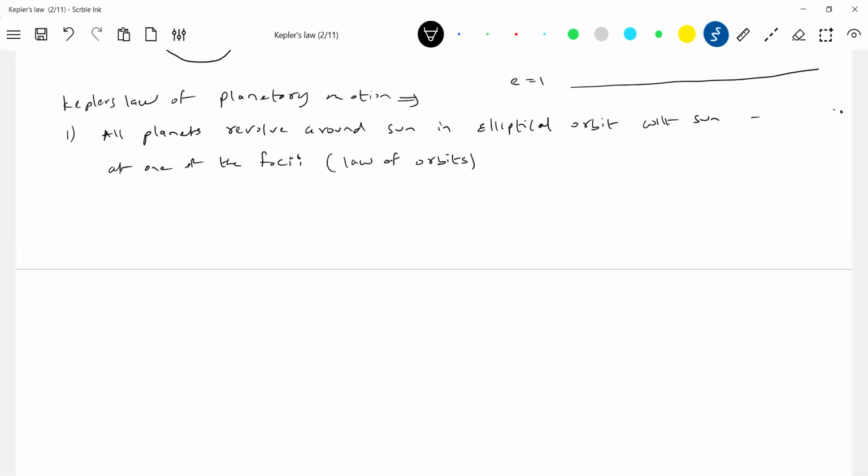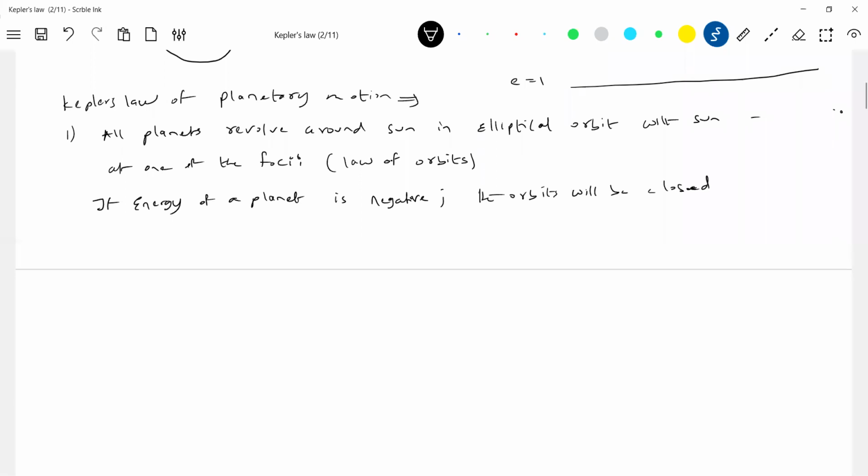Regarding this, just telling: if the total energy of a planet is negative, then the orbits will be closed.